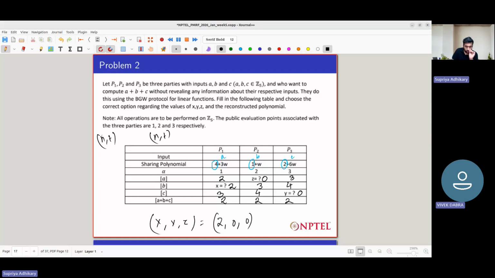So in order to generate these shares, they have used a 1-degree polynomial. So for the inputs, the value of t was 1. Now the output shares would also have t equal to 1.